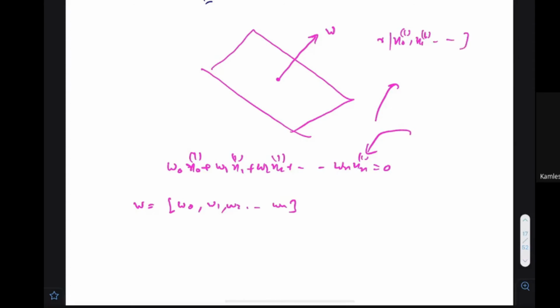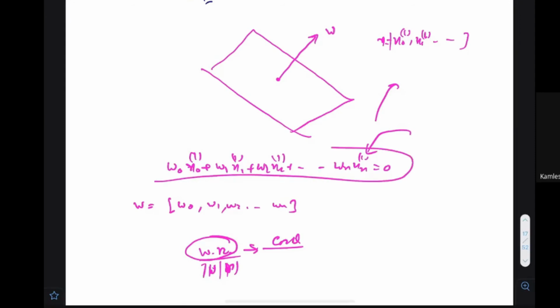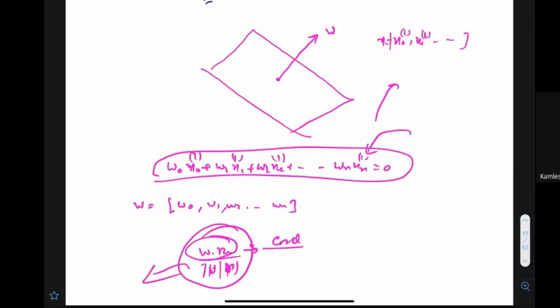What is the dot product of W and X? It is going to be cos theta divided by the magnitudes of W and X. And by this equation, this multiplication is going to be 0. So this quantity becomes 0. Cos theta being 0 means they are at 90 degrees. Cos 90 degrees becomes 0, am I right?